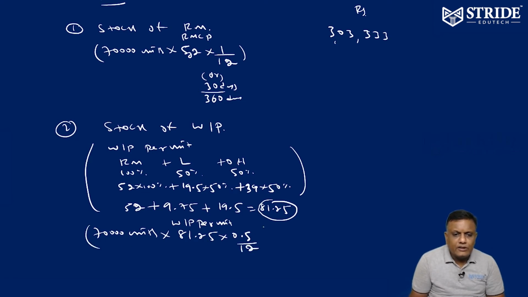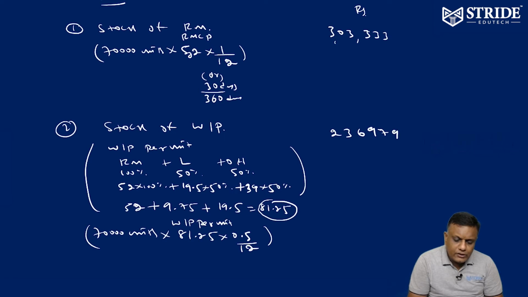So 70,000 units into 81.25 WIP per unit into 0.5 by 12, so the answer is 236,979.